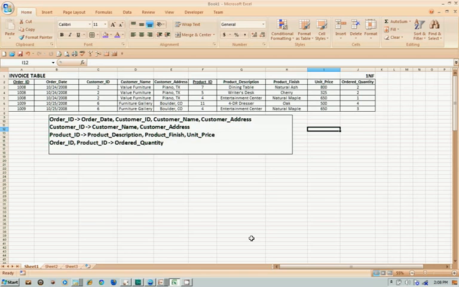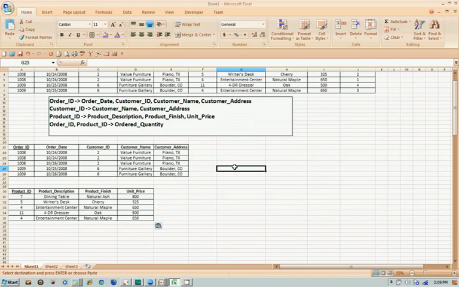As you can see, the following partial dependencies exist. Order ID is the determinant. Its functional dependencies are order date, customer ID, customer name, and customer address. In product ID, the functional dependencies are product description, product finish, and unit price.